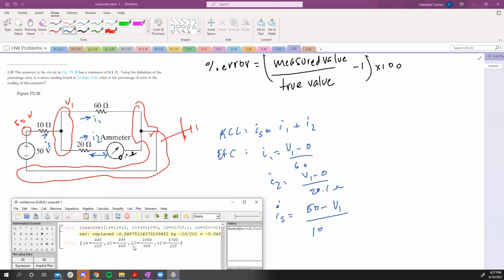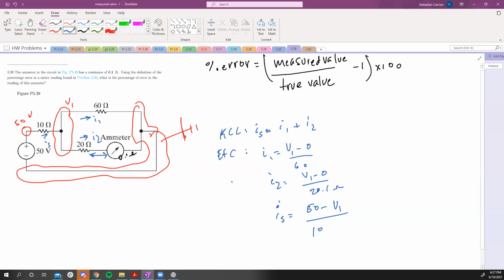Cool. So our reading for I2 would be 1,000 over 669. Let's say I measure I2 is 1,000 over 669. That's going to be 1 point something. So this would be our measured value here.